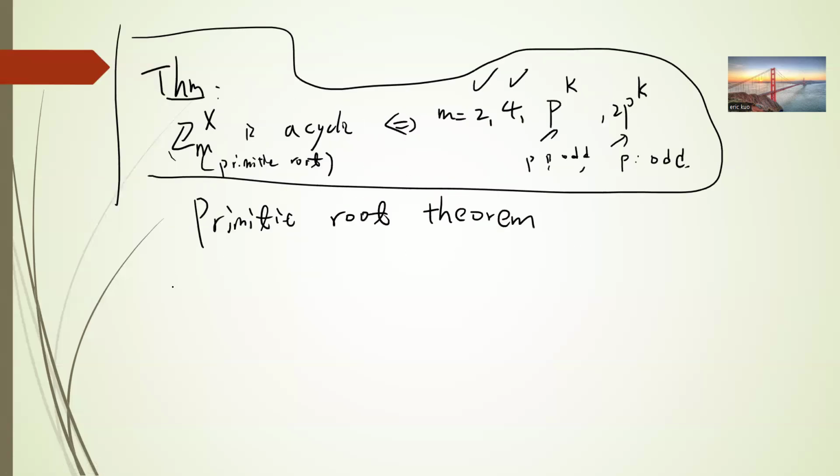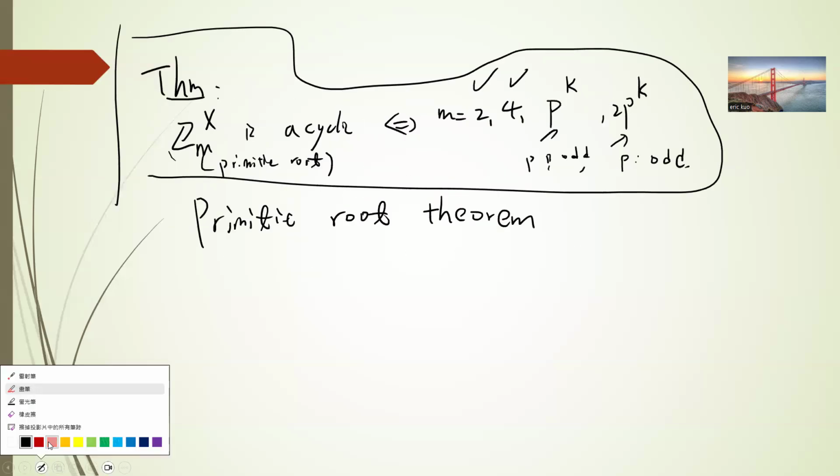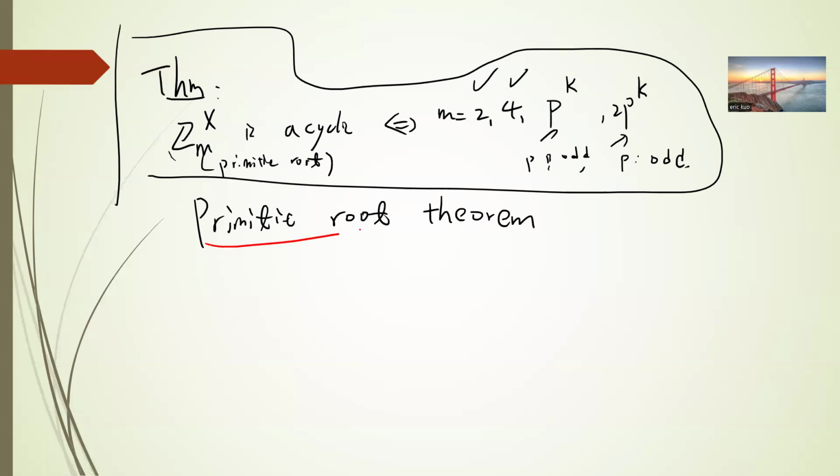From history, this primitive root theorem was proved by Gauss. I think the cases 2 and 4 are trivial. In the next video, I will first prove k equals 1. There are actually two kinds of proof for k equals 1.